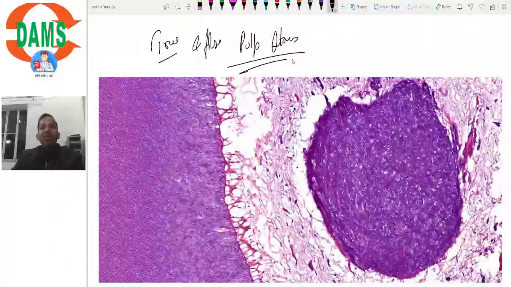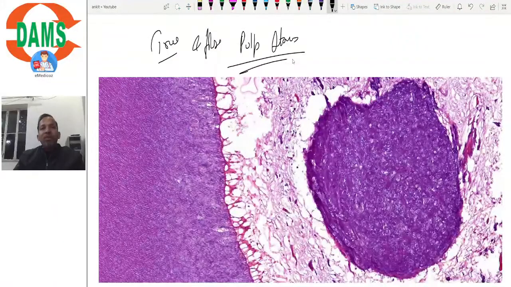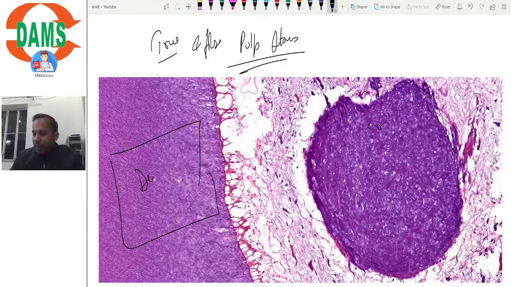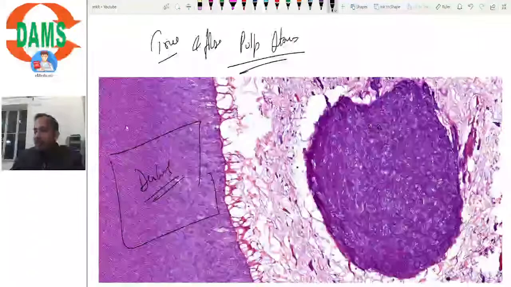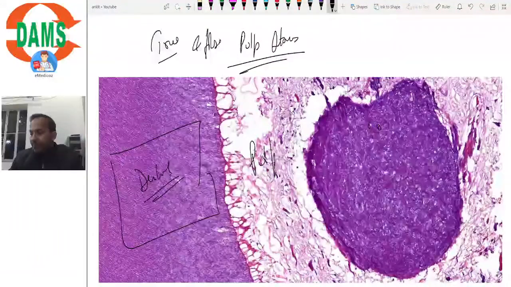When the odontoblasts deposit dentin, they always deposit it with a tubular structure, and you can notice the tubular structure in this tissue. Here, this is dentin. You can notice the tubular structure distinctly. This is the root, and inside of it, this is the pulp.